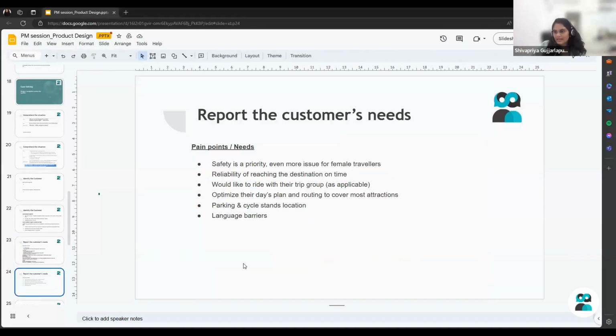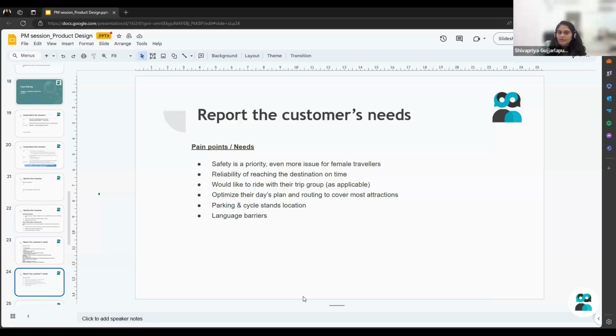And these are the ones I came up with. Some of them are already listed by you folks. Safety is a priority, even more an issue for female travelers. Reliability of reaching the destination on time. I think someone talked about optimizing the route, which is kind of an overlap. They would like to ride with their trip group because they are on a tour.